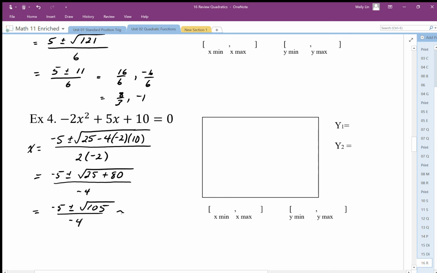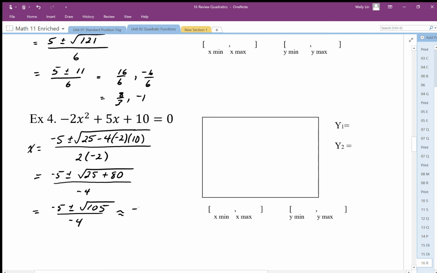Okay, so then working out the decimal values for this, we're going to end up with negative 5 plus the square root of 105, divided by negative 4, and I'm getting negative 1.31.